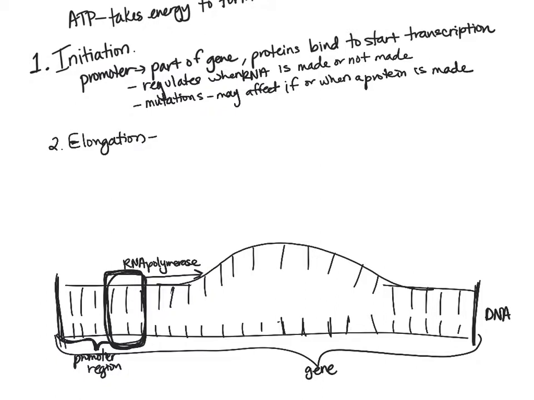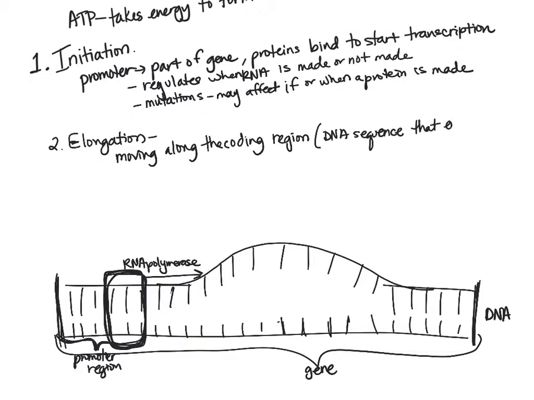We have our RNA polymerase, and in elongation, we're going to be moving along the coding region, the DNA sequence that encodes the amino acids in the protein.